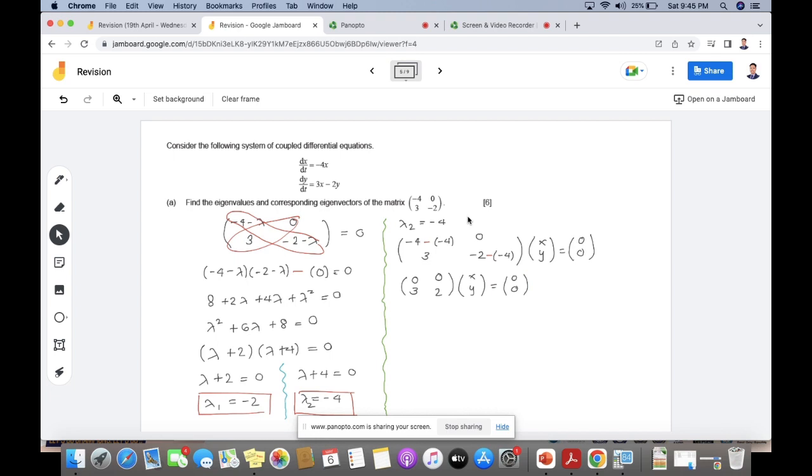Now, when we continue this, since the upper portion is both 0, maybe we can use the lower portion.